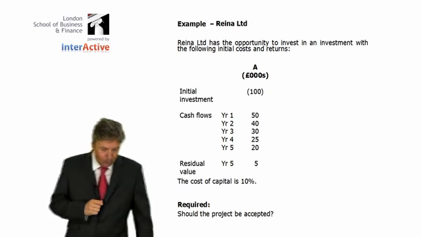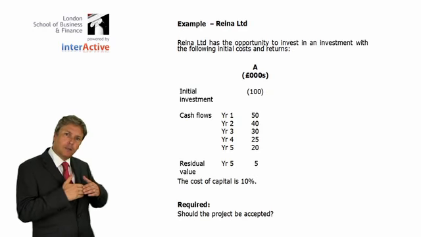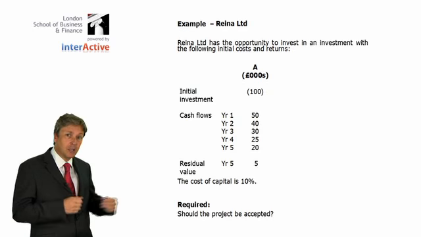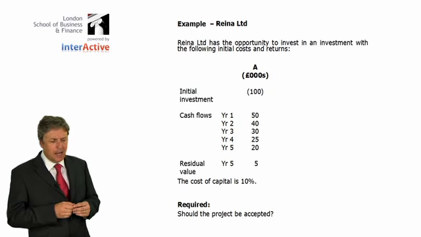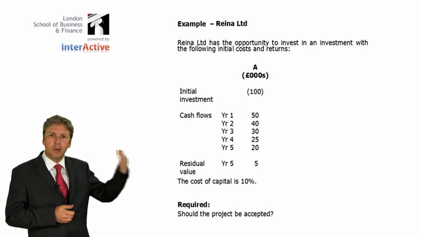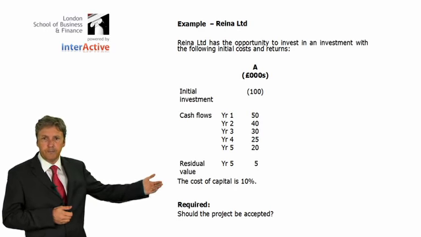And then we have cash flows, and for the sake of ease, we typically say that they relate to the end of each subsequent year, although in practice they probably don't. So at the end of year one, we have an inflow of 50,000. The end of year two, an inflow of 40,000, and 30 and 25 and 20.